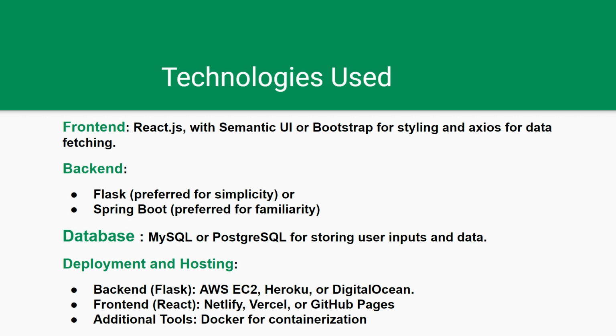And then for deployment and hosting, I would go with AWS EC2 or DigitalOcean for the backend. And then for the front end, I'll go with Netlify or GitHub Pages. And I'll also work on Docker for containerization depending on time and learning ability.